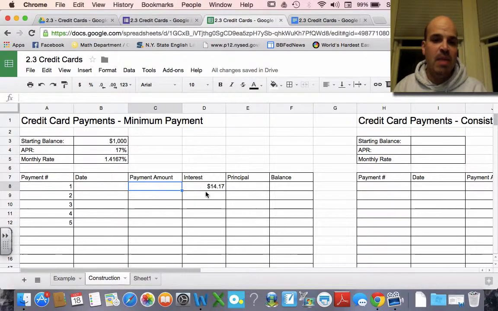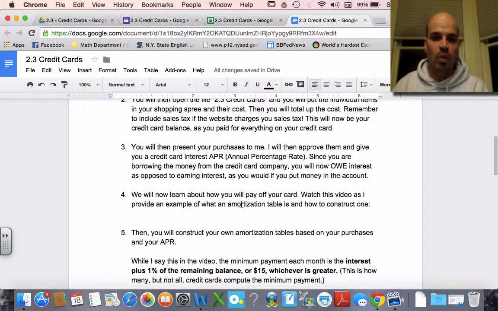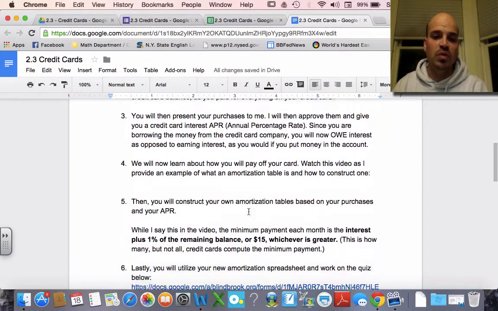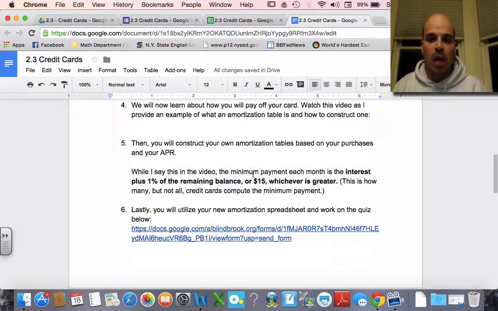The minimum payment is at least the amount of the interest, so it could never be lower than the interest that you owe the bank. Generally, and there are different rules for different credit cards, we're going to use a minimum payment rule that the minimum payment is the interest plus 1% of the remaining balance, or $15, whichever is greater.